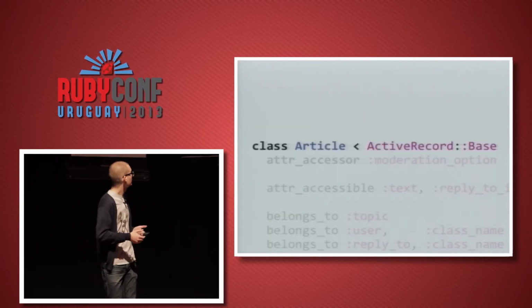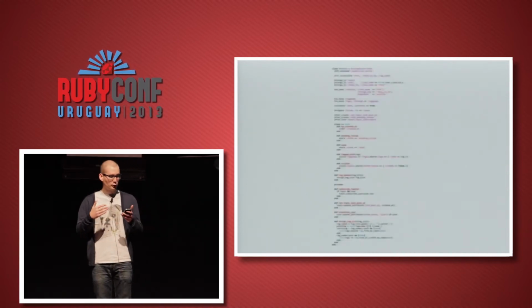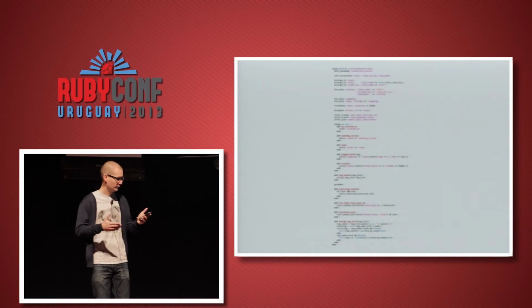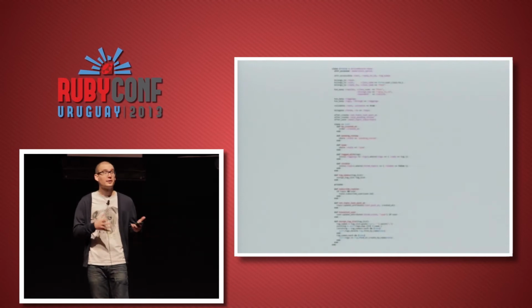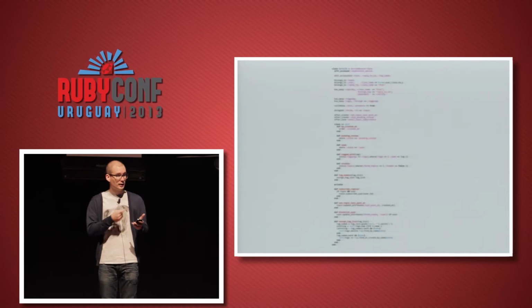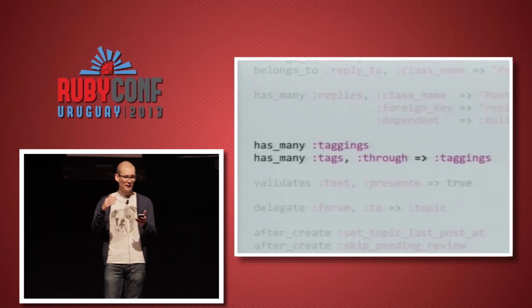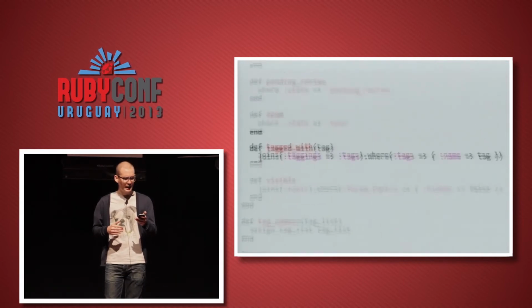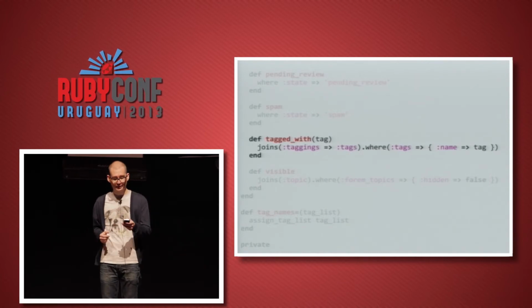Let's take, for instance, this gigantic article model. Don't worry if you cannot see the code, because that's the point. In this application, users can add tags to their articles, you know. They can tag articles. To implement this functionality, in the article model, we have a couple of has-many declarations at the top of the file, and a scope to fetch all the articles that have a given tag.